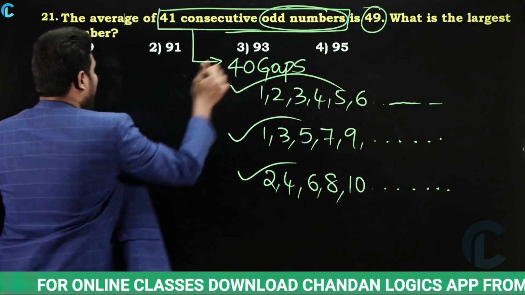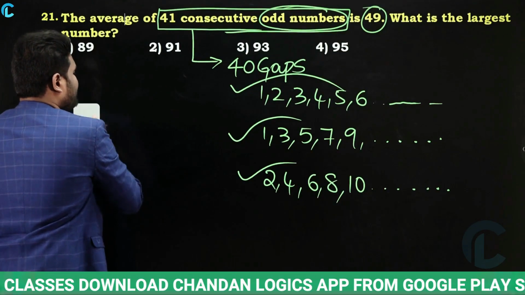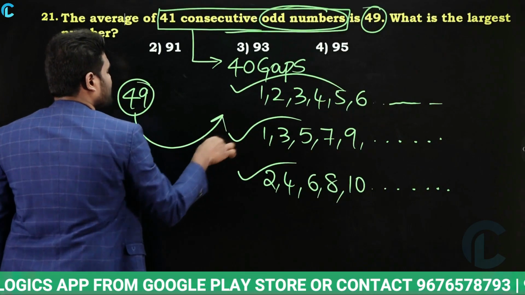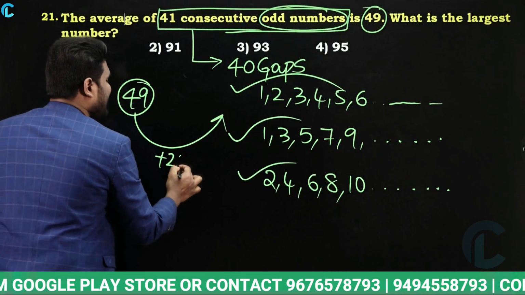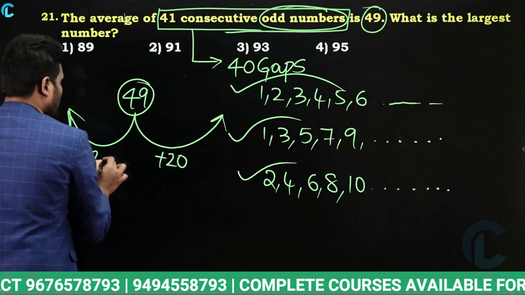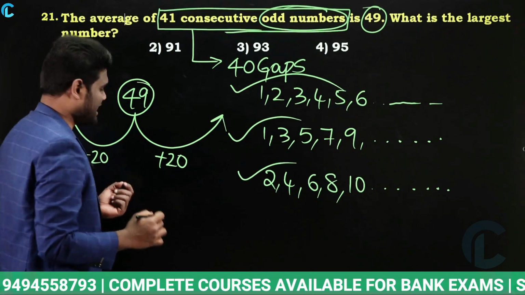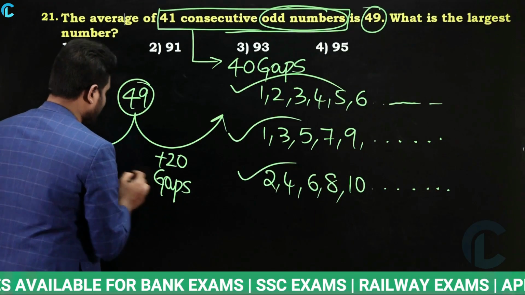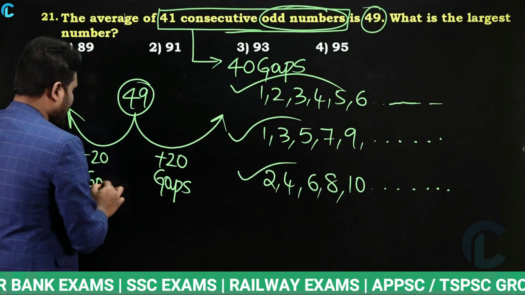Yes or no? So the average is nothing but 49. If I need to know the highest number, I need to go 20 gaps front. If I need the lowest number, then I need to go 20 gaps back.